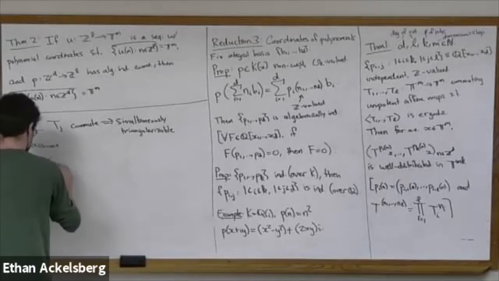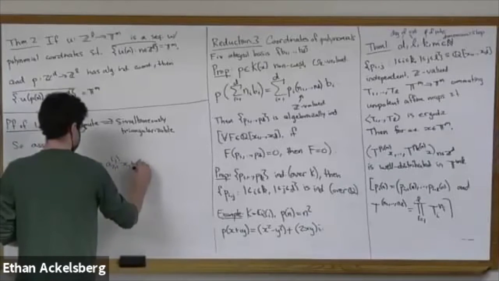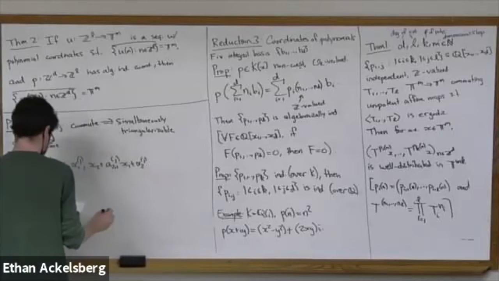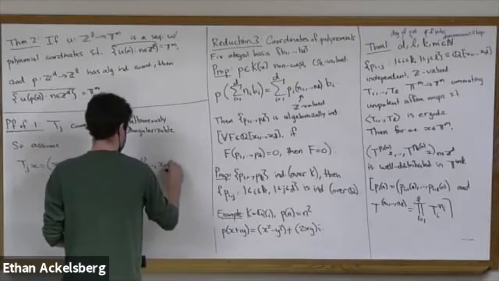Let me just write it this way. So we're going to have x1 plus alpha 1. This is x by j. Then we have x2, a21, x1, alpha 2, and so on up to xn.